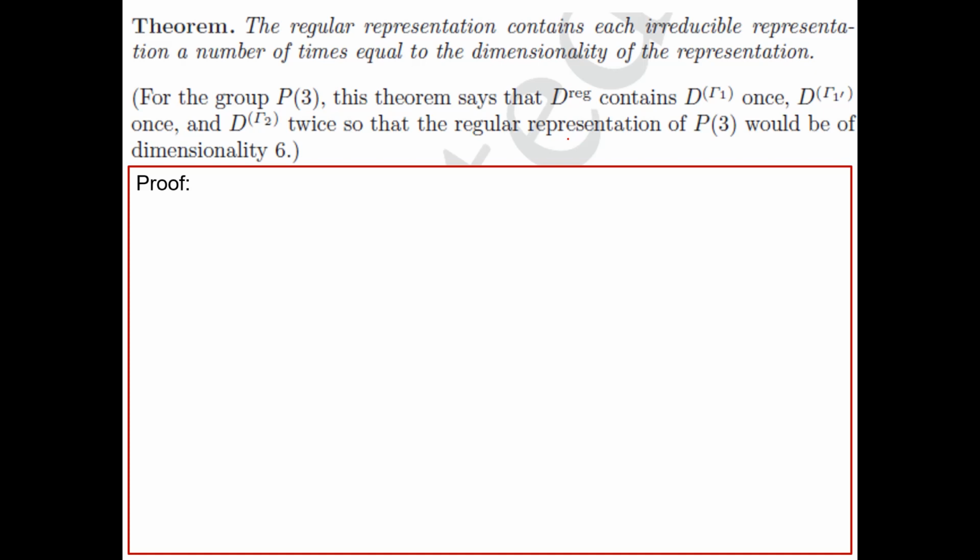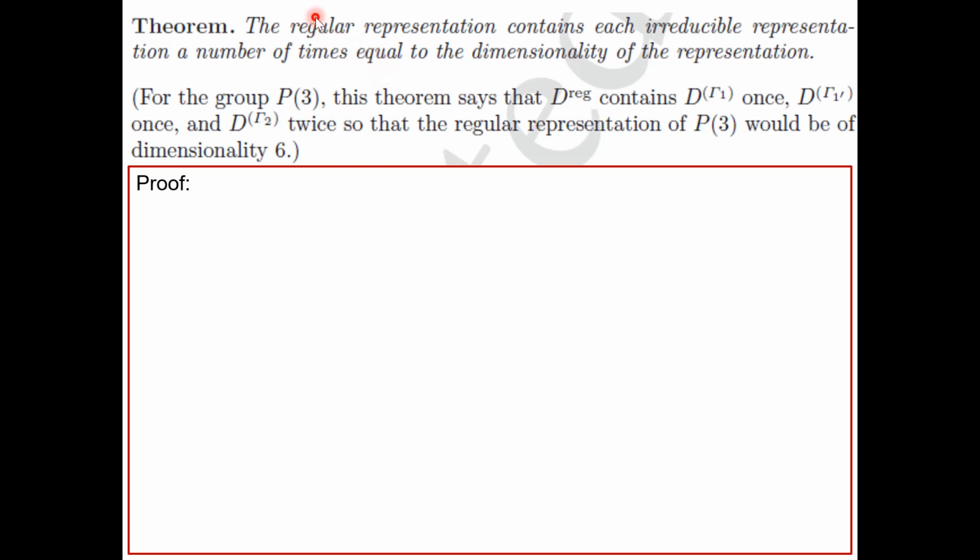And now what I'm going to show you is this theorem: that the regular representation contains each irreducible representation a number of times equal to the dimensionality of the representation. Again, this is a very important result because it allows us to find all the different irreducible representations of the group.